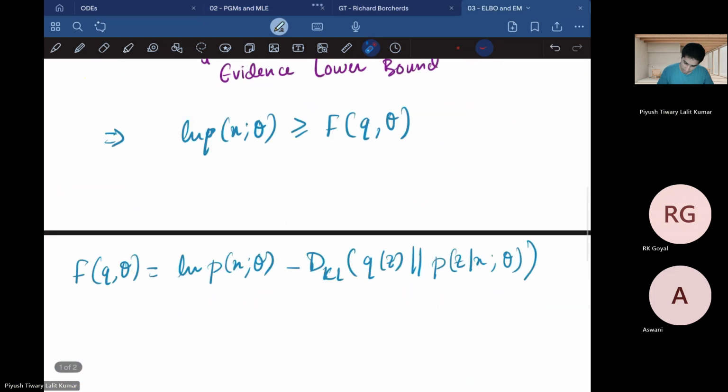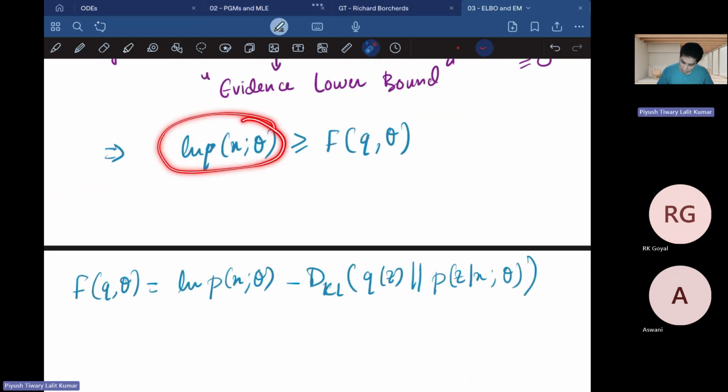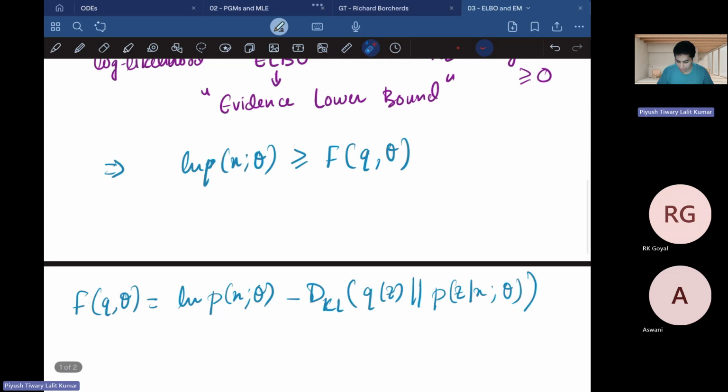So we want to maximize this thing, but we don't have access to the hidden variables, the latent variable z. So what we have done is instead we have found a lower bound on the log likelihood. And the claim is that instead of maximizing the MLE, we will maximize the ELBO.